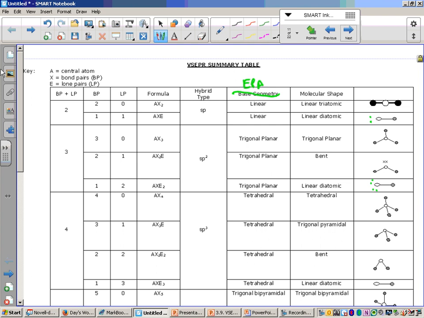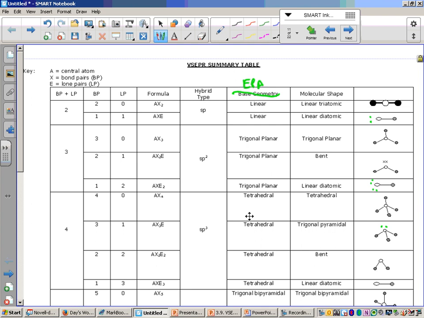So let's go through now all of the other permutations and combinations. So 4, 0, AX4, tetrahedron, tetrahedron. The tetrahedron isn't great. I think this is supposed to be coming out in front and that's supposed to be going in behind. 3, 1, tetrahedral. You can imagine that the electron pair takes the top spot. And if you think of the electron pair taking the top spot, we get a tripod without a top, and it's a triangular base pyramid.